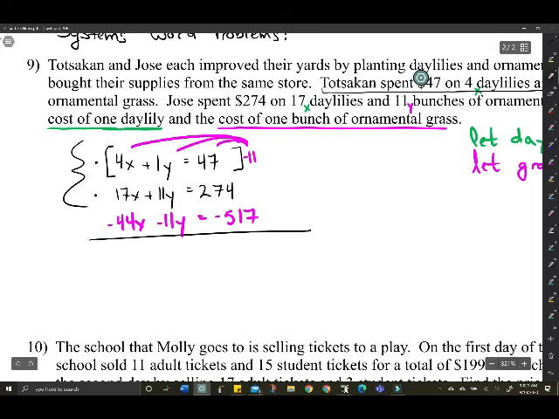From here, my y's will cancel. 274 minus 517 is negative 243. 17 minus 44 is negative 27x. And then I'm going to divide and get x is equal to 9.